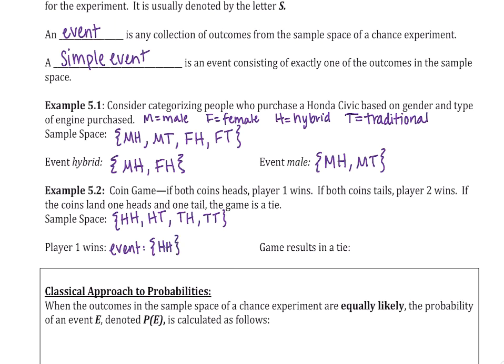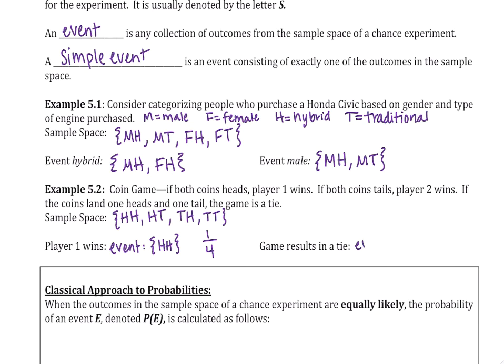Now, since all 4 of these outcomes are equally likely, here that HH is 1 out of the 4 possible outcomes. You can only do this when the outcomes are equally likely, but in the case of flipping coins, they would be. Now, the game results in a tie. Well, the events there would be heads, tails, or tails, heads, and so that's 2 out of the possible 4 outcomes, or you could simplify that to 1/2.